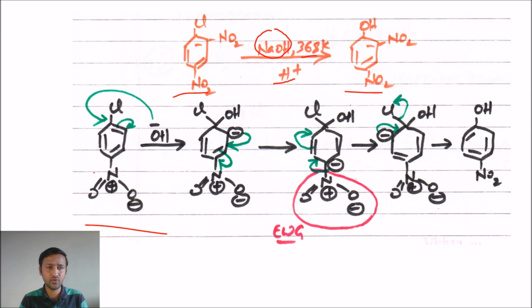Okay, so I have taken only one resonance structure here. I have taken NO2 in para position here. Okay, with the electron withdrawing group present in para position, we can easily write the resonance structures now. First, OH minus from NaOH will attack the carbon which contains chlorine. If it attacks, you can see here the bonding electrons will shift onto the ortho carbon, right?